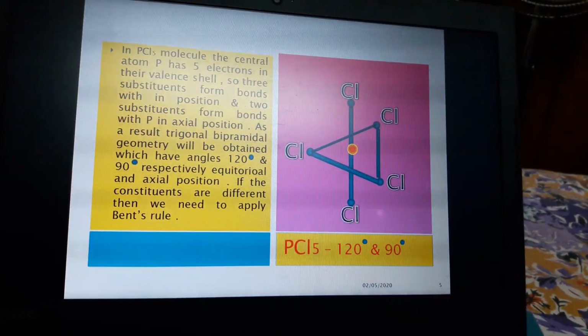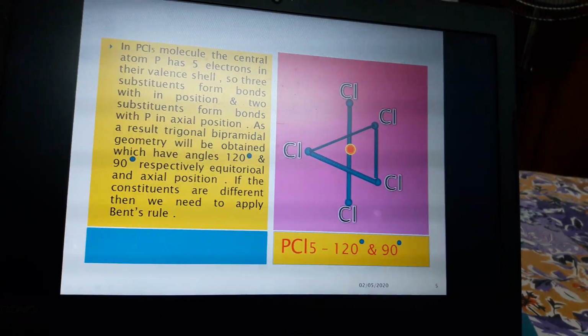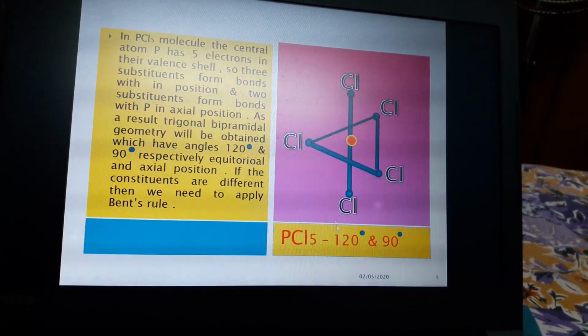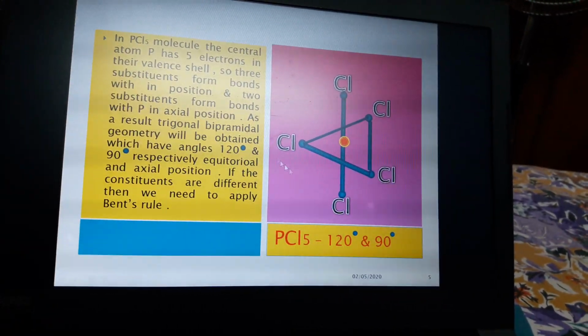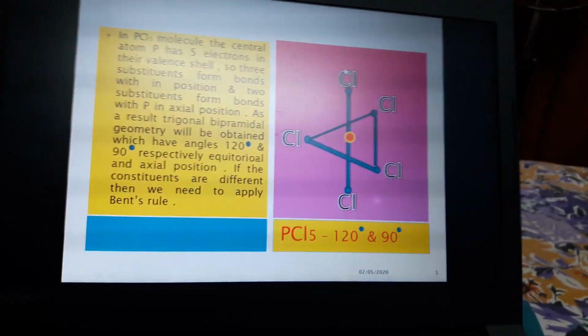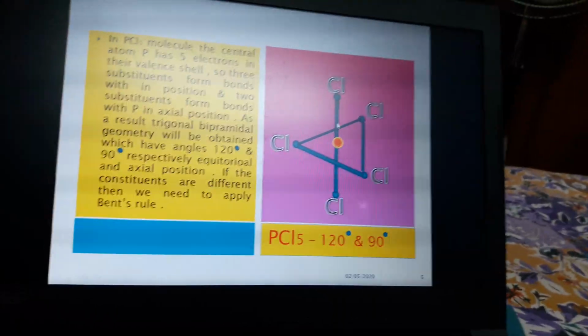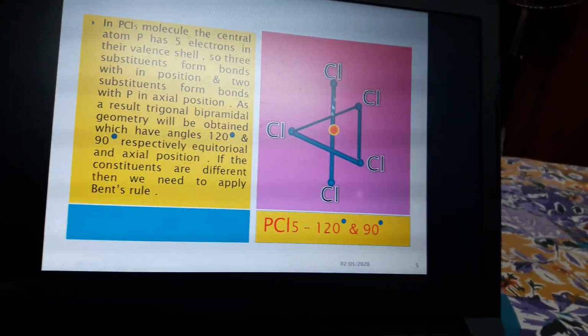As a result, trigonal bipyramidal geometry is formed. Equatorial positions are at 120 degrees to each other, and axial positions make 90 degrees with the equatorial.